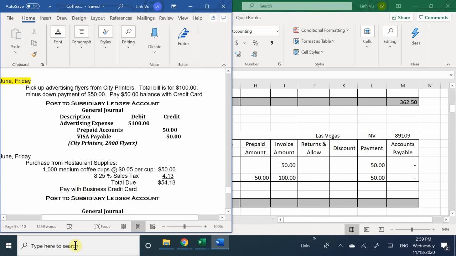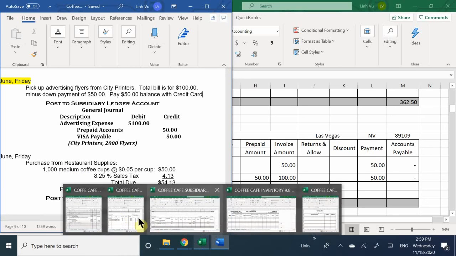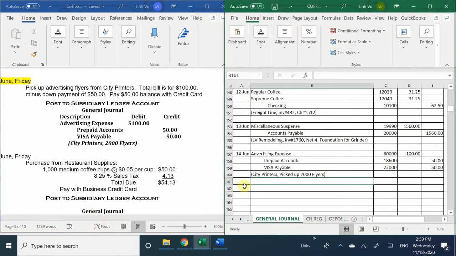Okay, so it's going to be, let's see here, medium coffee cups. Good, right? Mm-hmm. Medium coffee cups. And that is, where'd it go? 11,760 is the number for the account. 11,760.